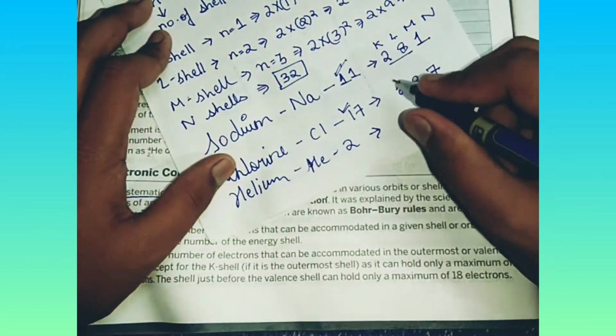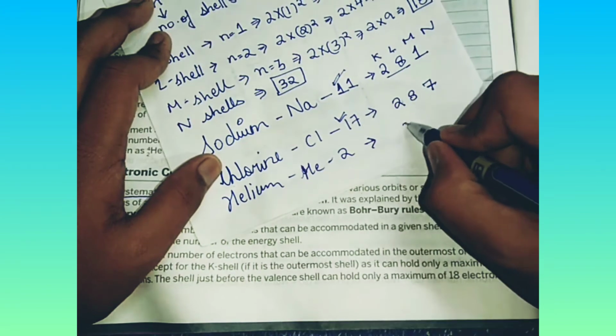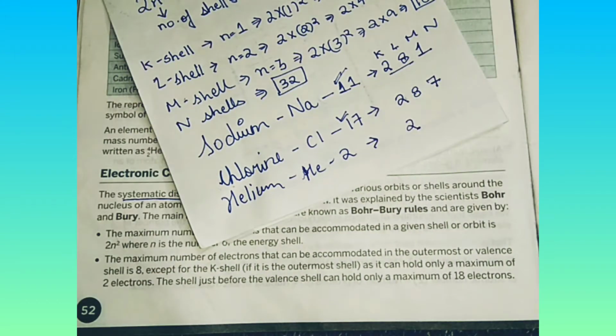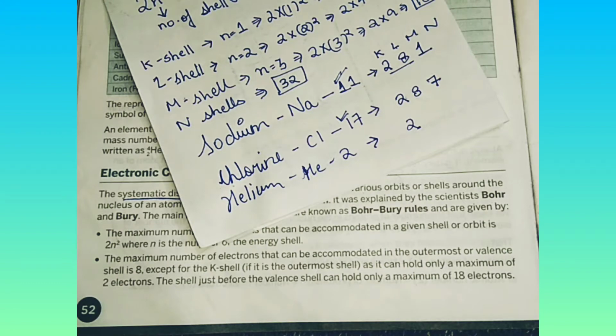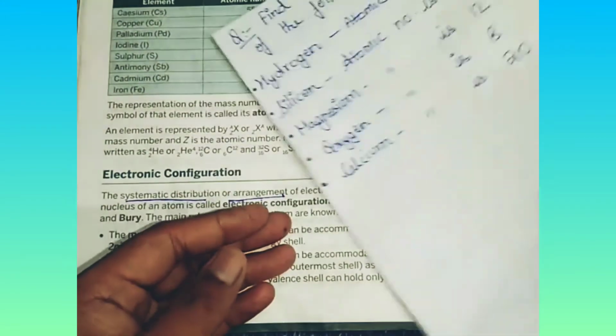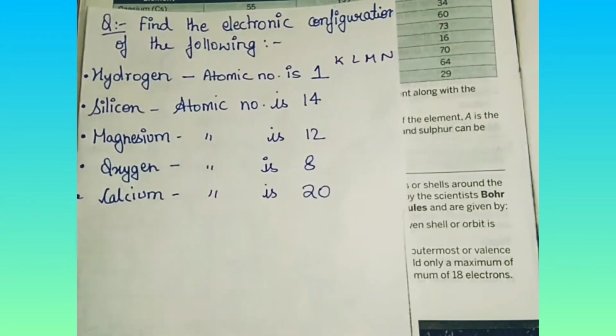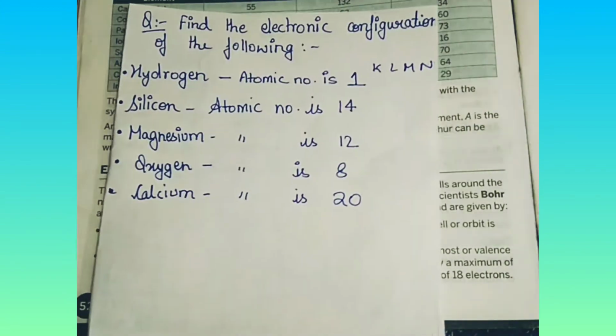We can place a maximum of 2 electrons. Now the electronic configuration is done because the atomic number itself is 2. Children, atomic number is equal to the number of protons and the number of electrons. We'll come to it further on. So this is for you all as a part of practice. Make sure you do this.